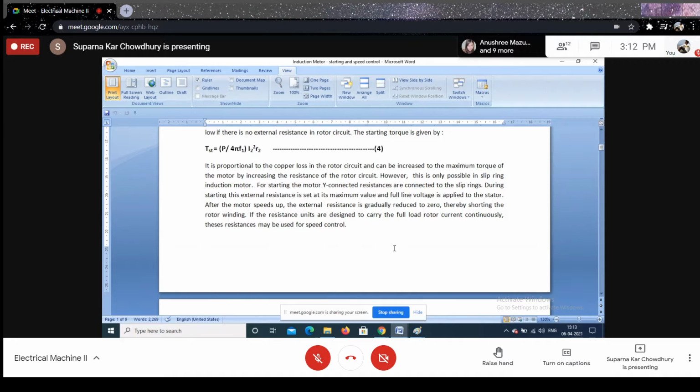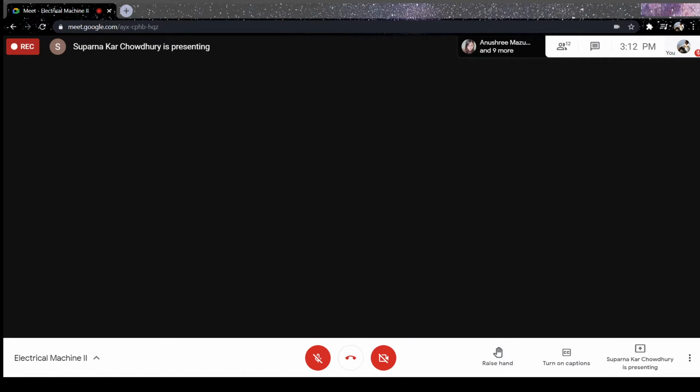Now, if these resistances are designed to carry the full load current continuously, then they can be used for speed control also. Otherwise, if they are only used for starting, then they are for short time rating, and if used continuously, the temperature rise will be very high.